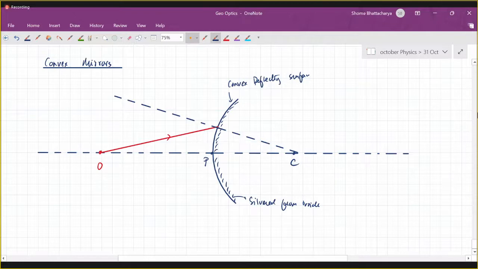So let's again take the point of incidence as A. Okay. So now you can see this angle becomes the angle of incidence. Okay.